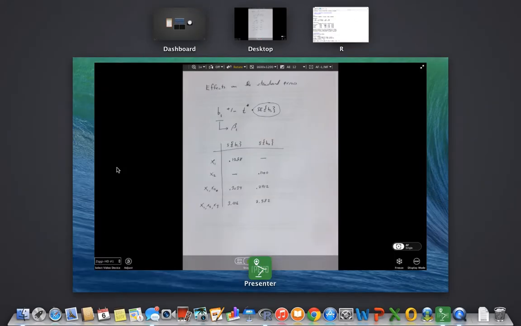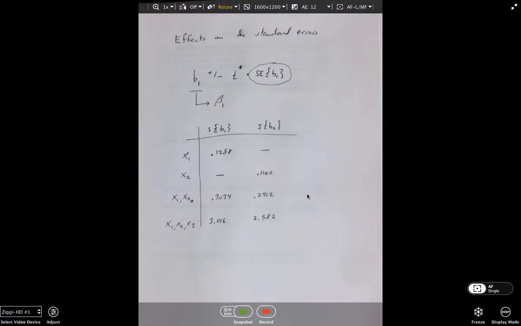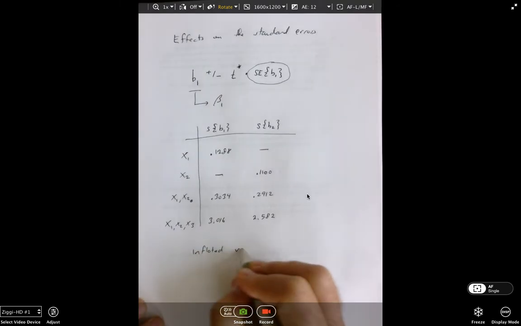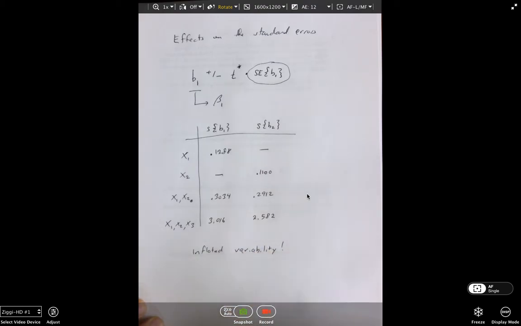So kind of more wackiness, right? What this gives us is just inflated variability. In a sense, and I'm not so sure this is the correct way of saying this, it does our model harm instead of doing our model good.